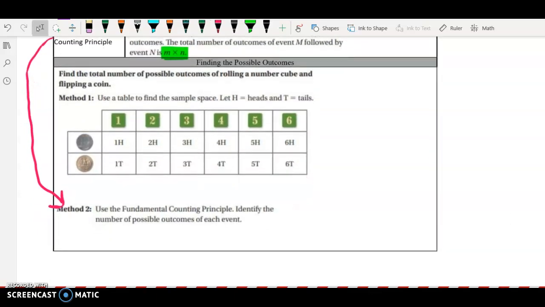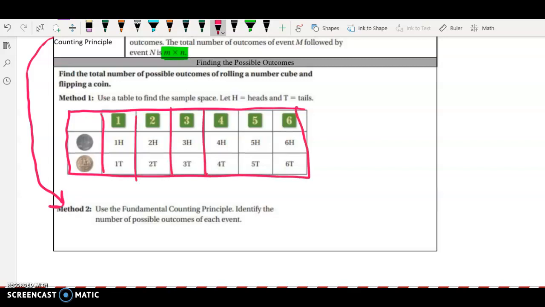So finding the possible outcomes, we just did a tree diagram above, and now you also have the option to use a table. You literally draw your box, which I did for you here. We have the event that we are going to roll a number cube and then flip a coin.